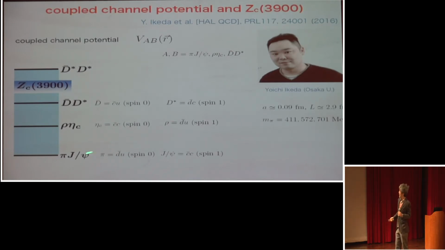As I said, there are many thresholds. The lowest are pi J/psi, rho eta c, D D-bar star, and Zc appears here. So we have this D-bar star D star threshold. Therefore, we have to consider these three states and a 3 by 3 potential matrix V_AB, where A and B are any of these three states.